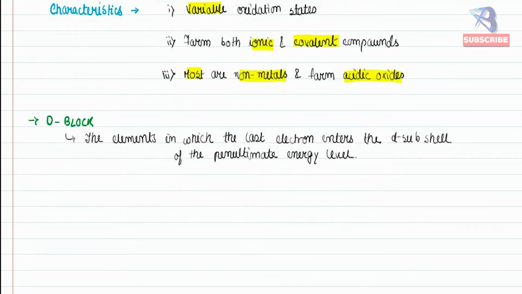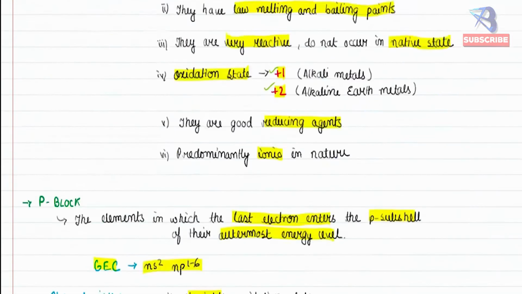Now let's look at the d block. The d block consists of the elements in which the last electron enters into the d subshell of the penultimate energy level, not the outermost energy level. Because of the n plus l rule, the s subshell just after the d block becomes lower in energy than the d subshell itself.